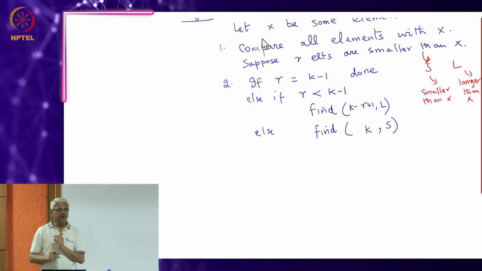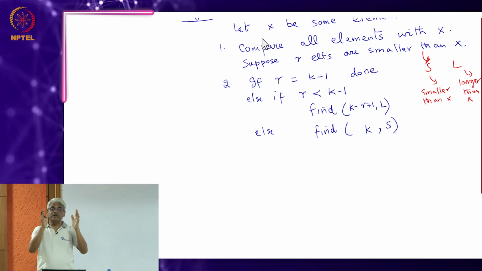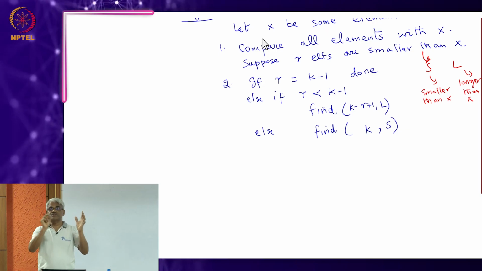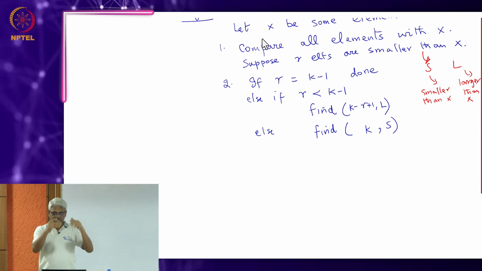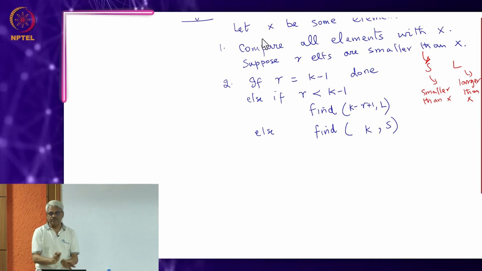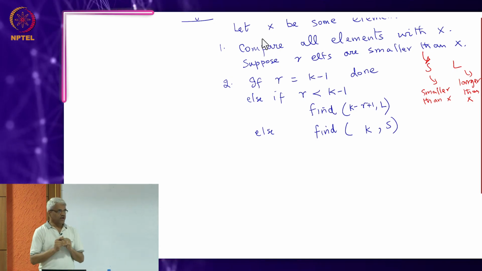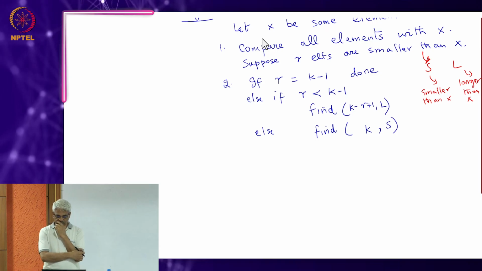Or if I have 200 elements less than x, then look for the 100th smallest element in the smaller side. Either way, I have reduced the size of the set where I am recursing. That is all the algorithm is.